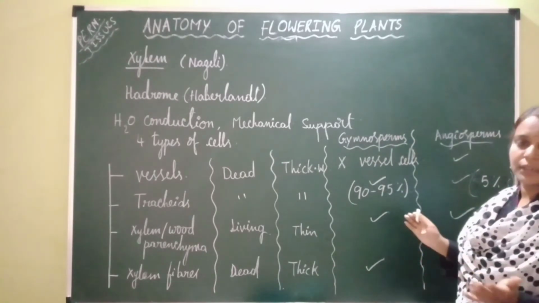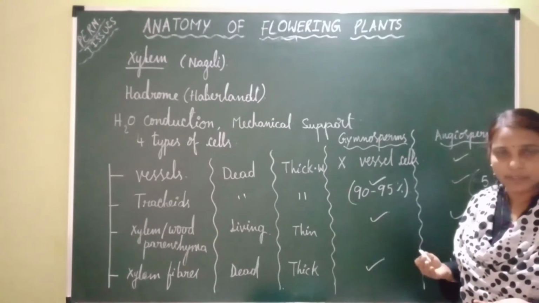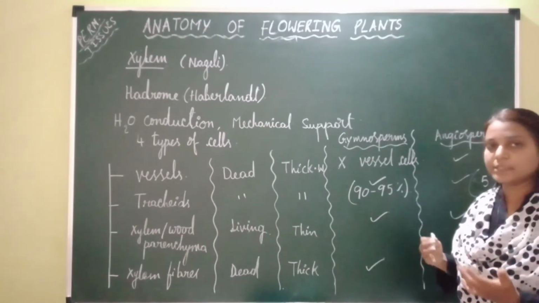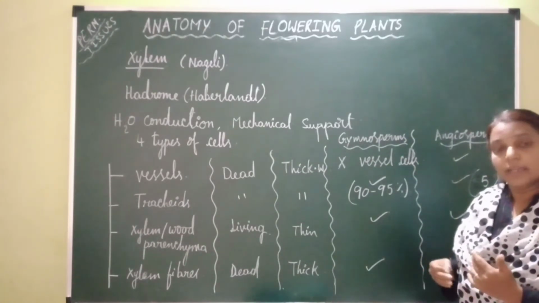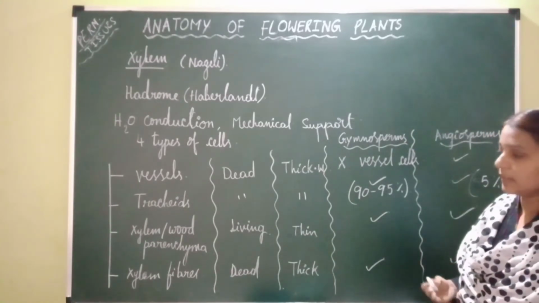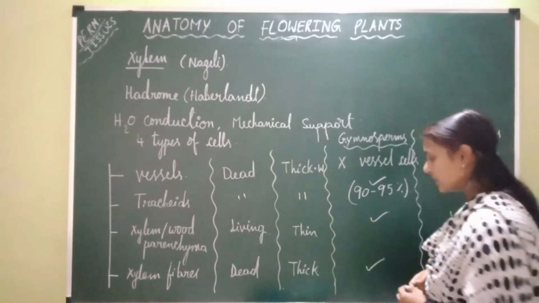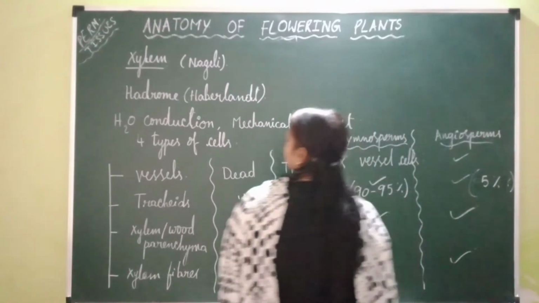Right. So this is about the comparative study of 4 different xylem components with respect to basic features. Now let's study each and every xylem component, that is vessel, tracheids, wood parenchyma or xylem parenchyma and xylem fibers, a little bit in detail. Let's start with tracheids first.